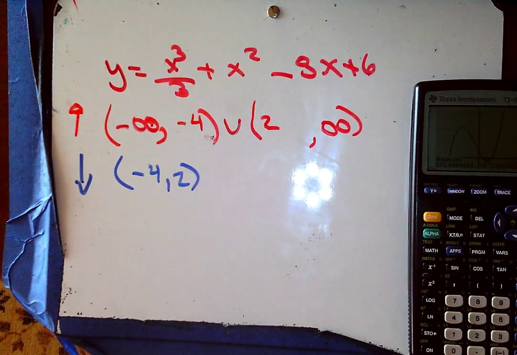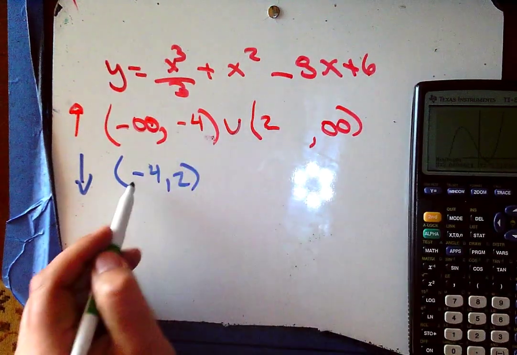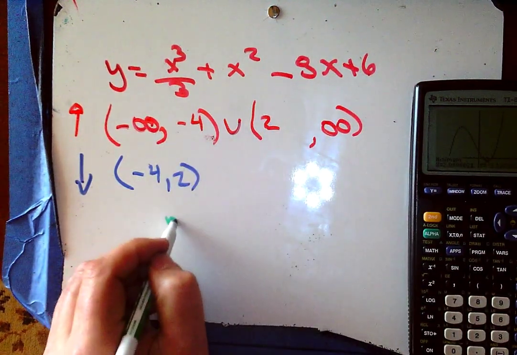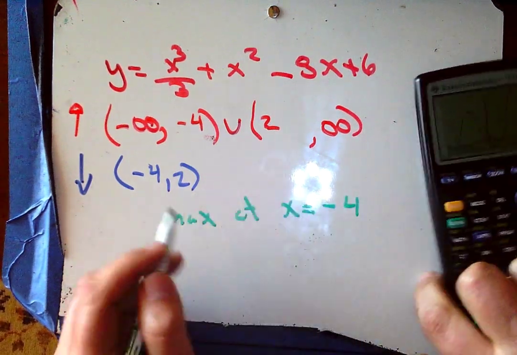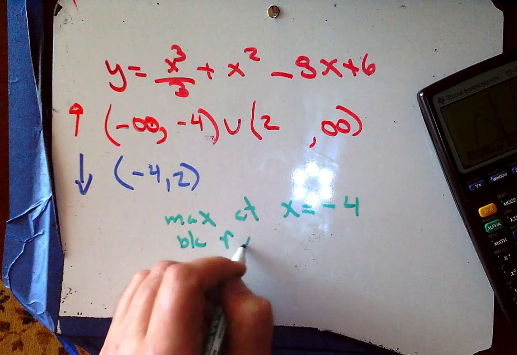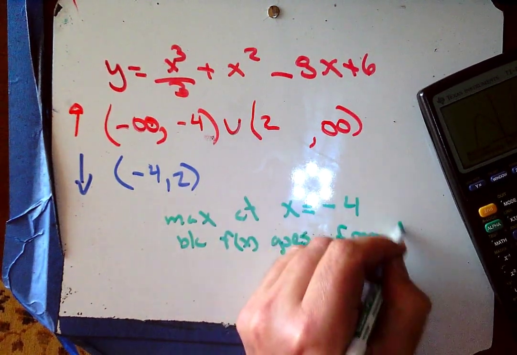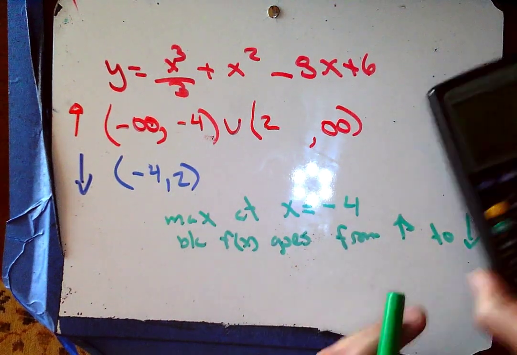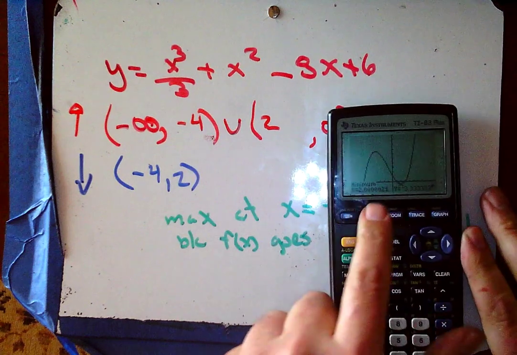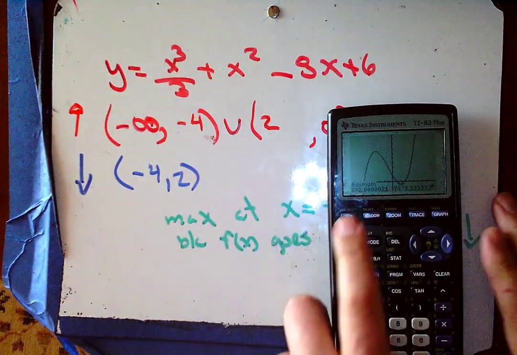And maximum? Well, where do we go from increasing to decreasing? That happens at -4. So there's a max at x equals -4 because f of x goes from increasing to decreasing. And a min? Well, I see there's a min over here and we determined that that was x equals 2.